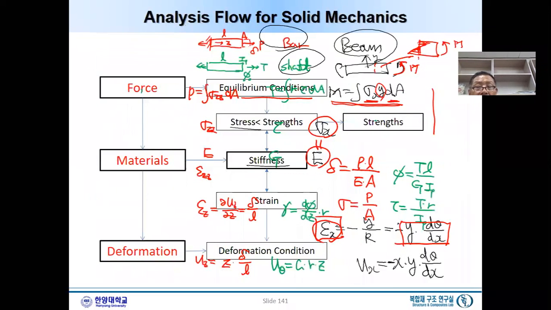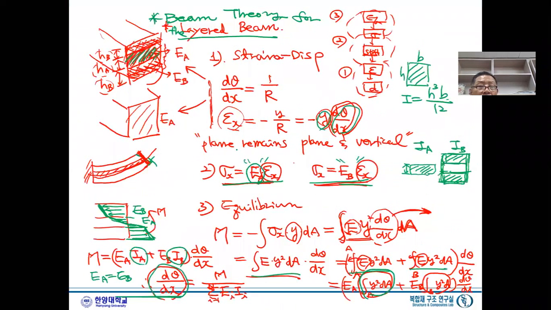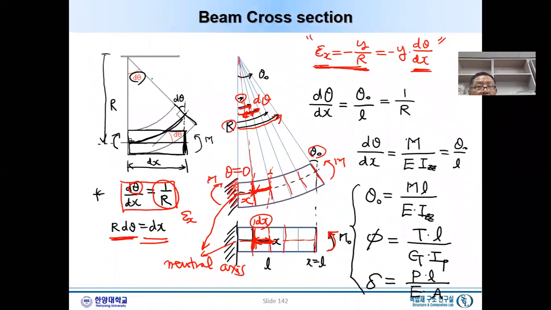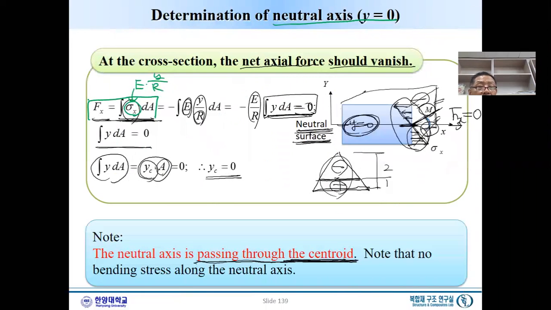For this case, since they are symmetric, the neutral axis will pass through the centroid, but for an arbitrary cross section, we have to redefine the neutral axis. But the way we determine the neutral axis will be the same as this one.